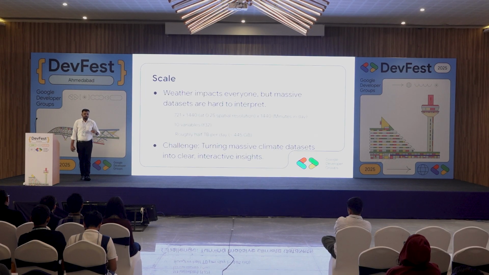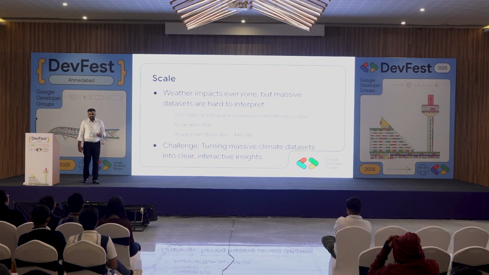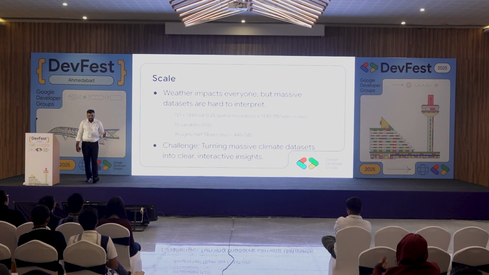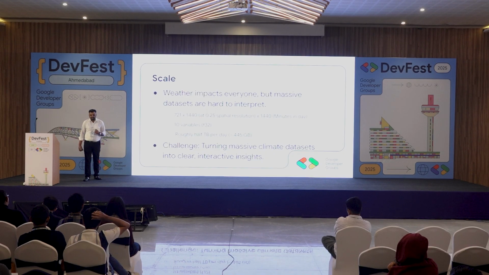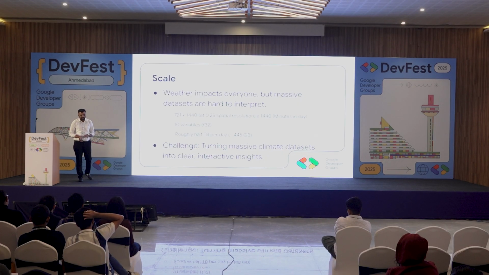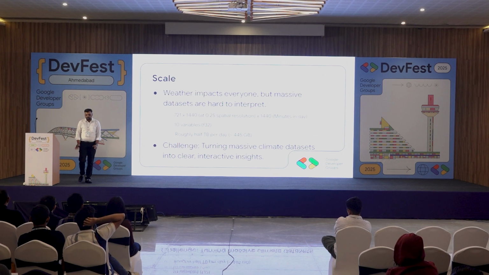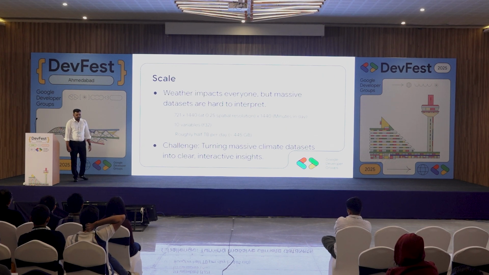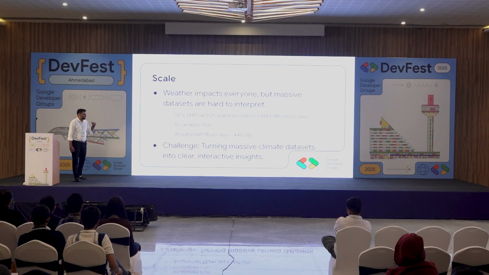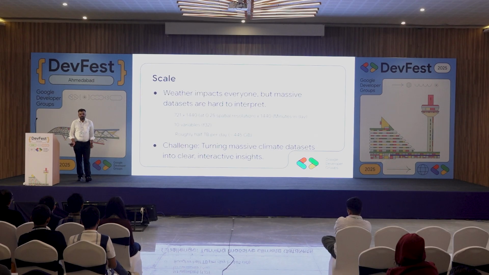In Windy, we saw there are multiple values, whether wind, temperature or precipitation. For the sake of calculation, consider 10 variables, and those are floating values. If we calculate, it comes to around half a TB of data per day.